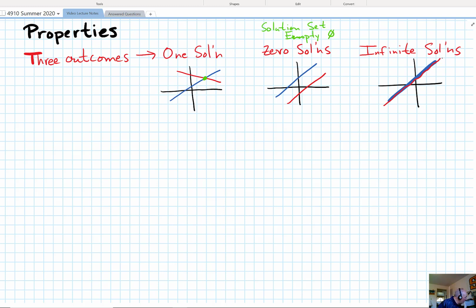Now let's talk just a little bit about some terminology here. First of all, if there are any number of solutions, then we call the system consistent. So both of these are consistent. That makes this one inconsistent.